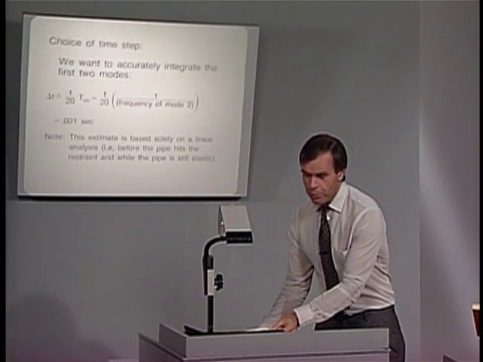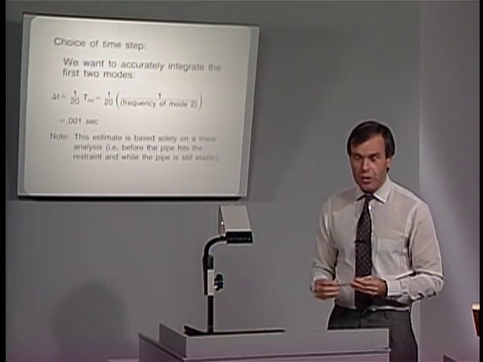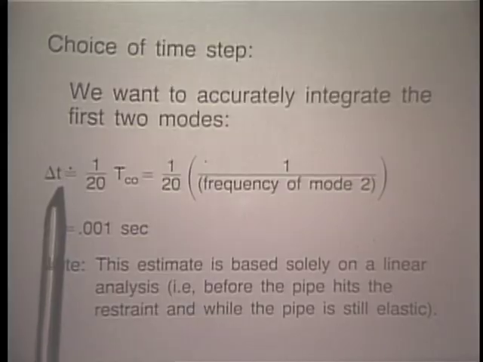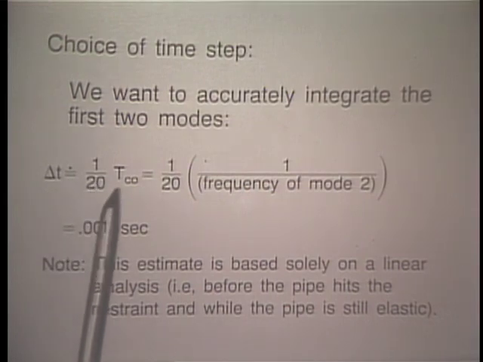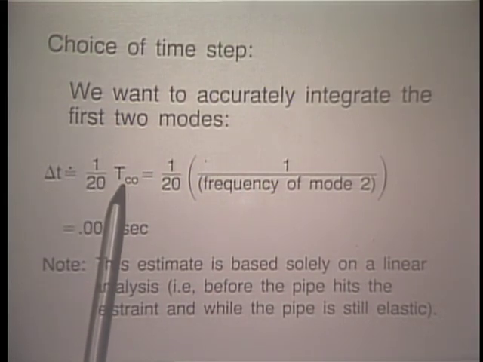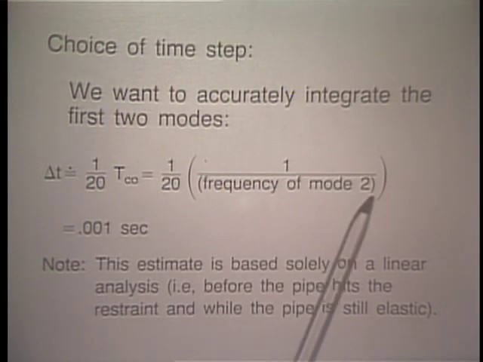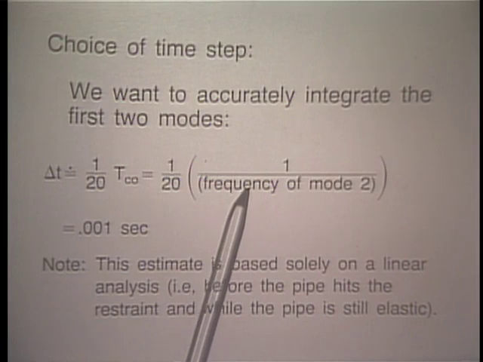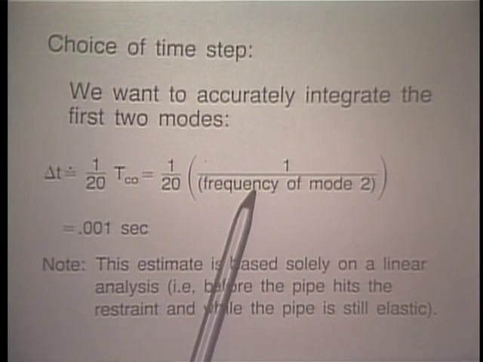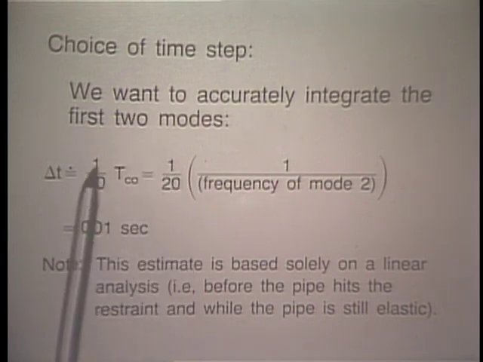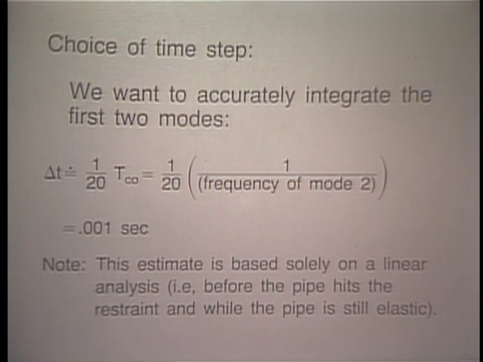To integrate the response, we have to choose a time step, and here we have delta t 1/20 of the cutoff period that we want to use here. Notice that we have only 2 modes in this problem that we want to consider with the frequencies that I showed you just now, and this equation gives us as a time step 1/1000th of a second.